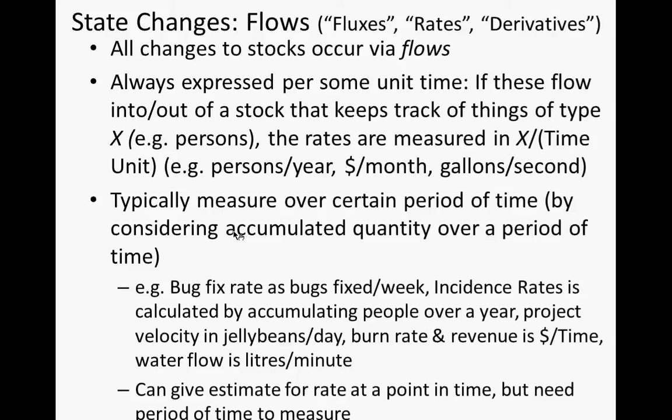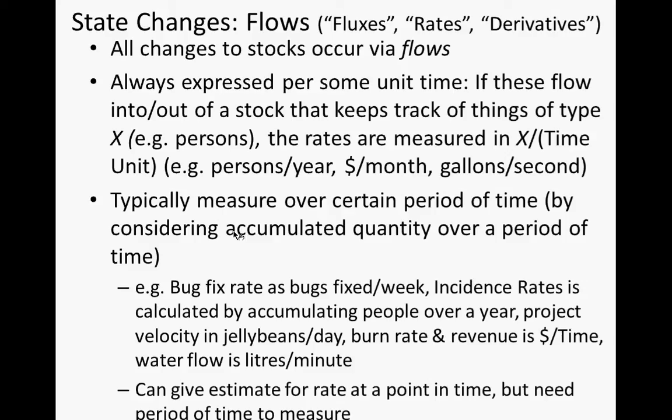Now, flows are always expressed, in terms of units or dimensions, even at a more fundamental basis, as something per unit time. We're talking about some amount of people per unit time that are hired. The rate of hiring is people per unit time.